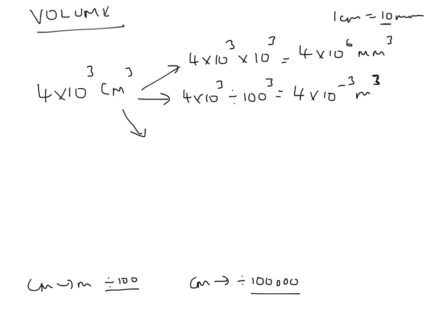So I'm not going to use this answer. I'm going to come back to my original question. 4 times 10 to the 3 divided by 100,000. 100,000 has come from down here. It's the power 3 because we're in volume. And that gives me 4 times 10 to the minus 12.